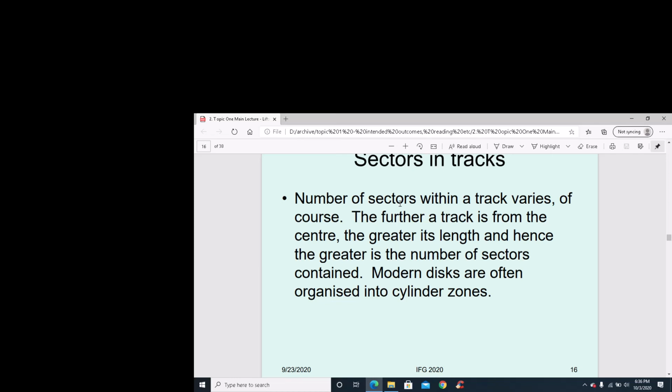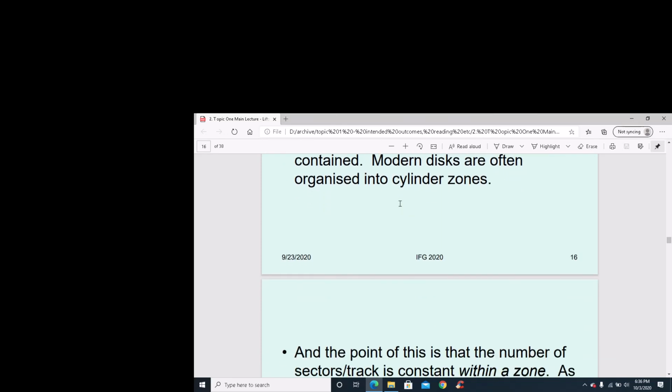But as you move to the outside edge of the platter, maybe you've got 60,000 sectors, because the lengths of each concentric circle varies as you move from inner to outer track. And hopefully that's clear.